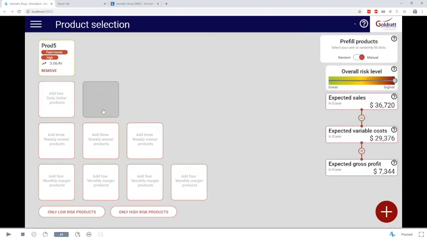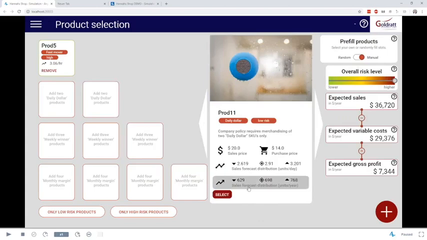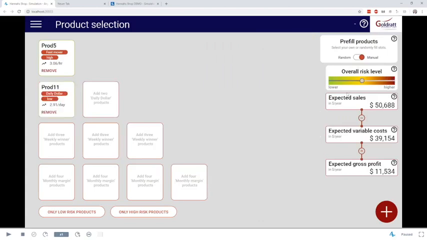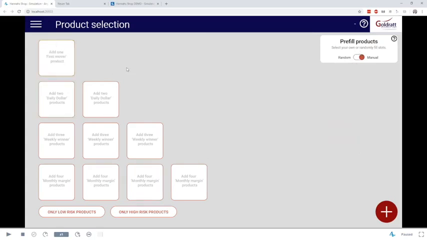As soon as you start selecting products and filling slots, you will have an updated expected sales and expected gross profit calculation, and also an indicator of how risky your product portfolio is. Now, you have 4 options essentially. You can make up your own portfolio.